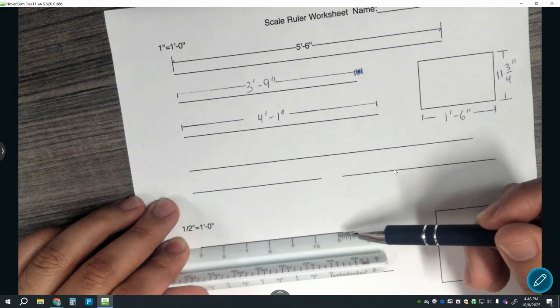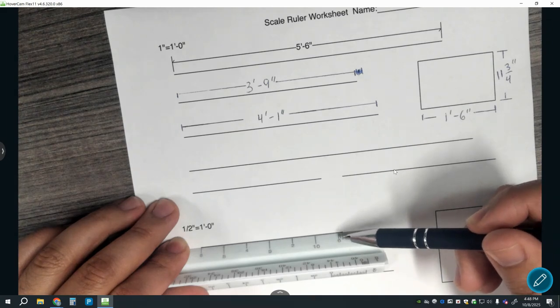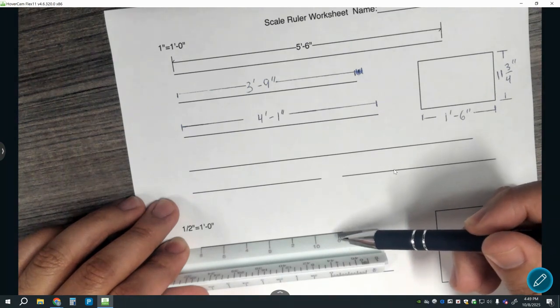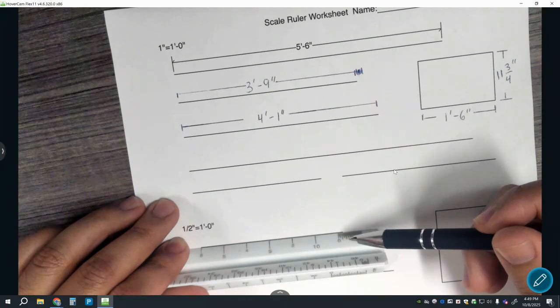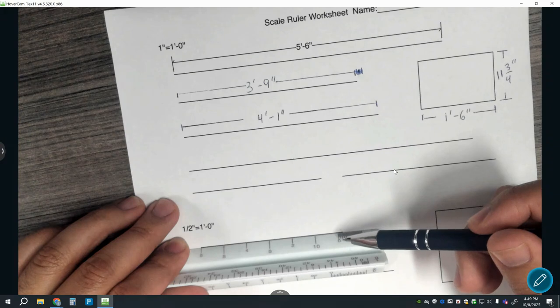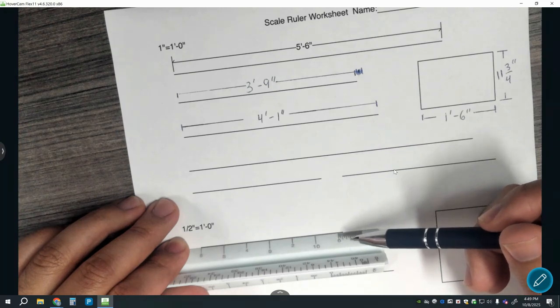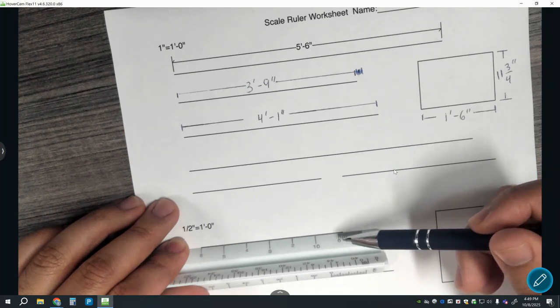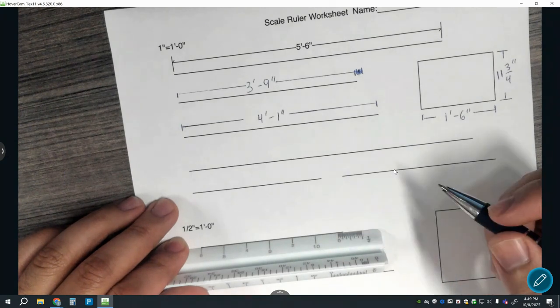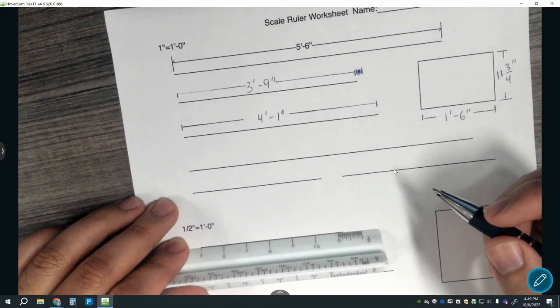And notice how between the 0 and the 6, there are 2 large lines. So how do I get from 0 to 6 in 3 steps? How do I get 1, 2, 3? Well, it looks to me like each one of these large lines is 2 inches. So 2 inches, 4 inches, 6 inches. 6 feet, 2.5 inches.